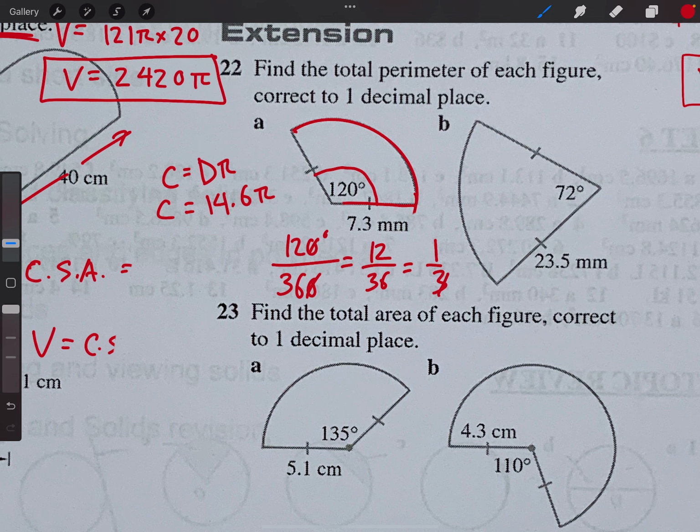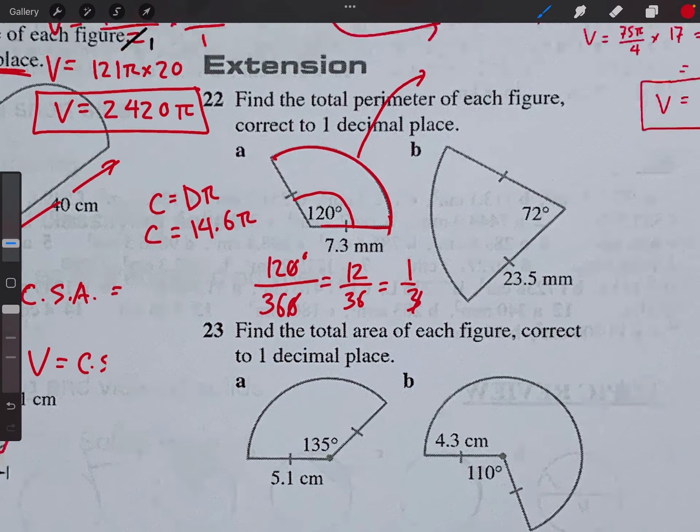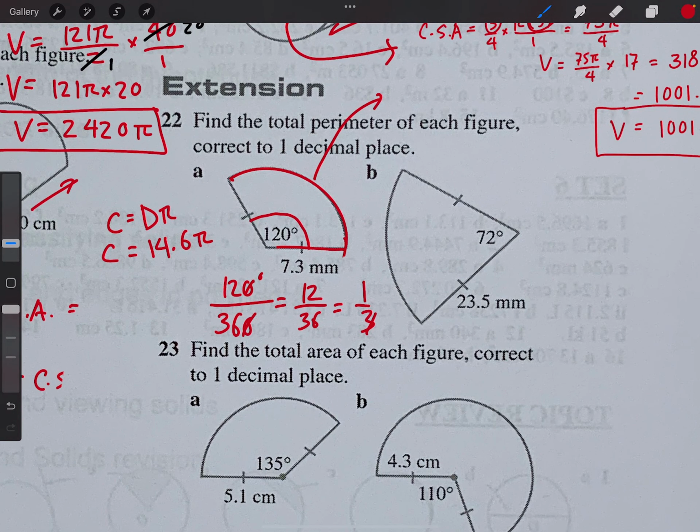So the length of this arc is equal to 1/3 times the circumference of the circle, which is 14.6 pi.